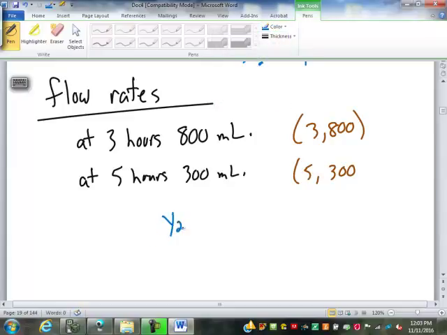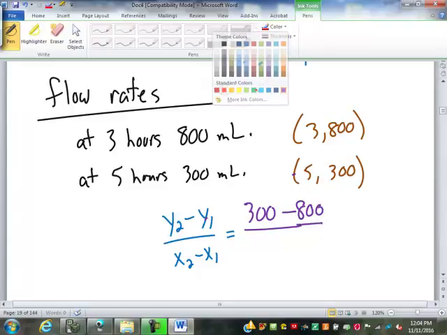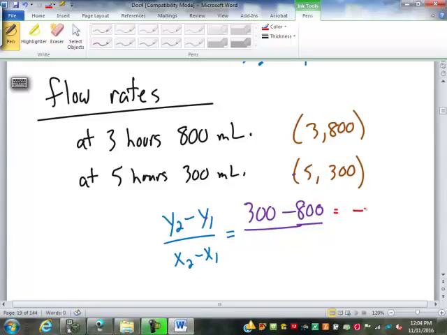So my slope, y2 minus y1 over x2 minus x1. What is the y-coordinate of the second point? Second point is this one, 300. Minus, what's the y-coordinate of the first point? 800. Now you'll notice when I subtract that, I am going to get a negative 500.